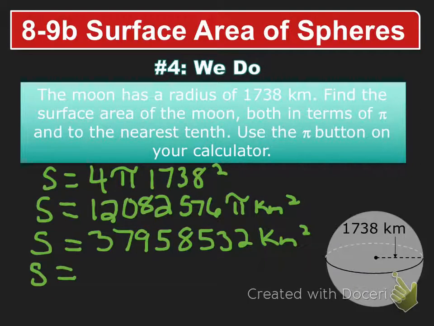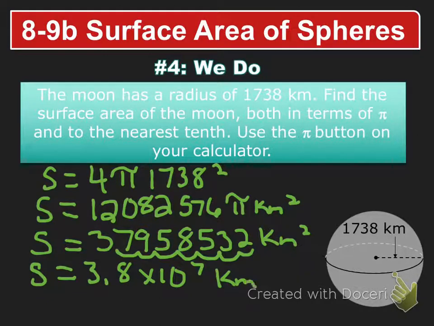If you remember scientific notation, you want one number to the left of the decimal, and we're going to be rounding to tenths, so we'll just have it with one to the right. So you'd have 3.8 times 10, and how many places do we move it? 1, 2, 3, 4, 5, 6, 7. So 3.8 times 10 to the 7th kilometers squared, if you wanted to put it into scientific notation so it's a little more manageable.